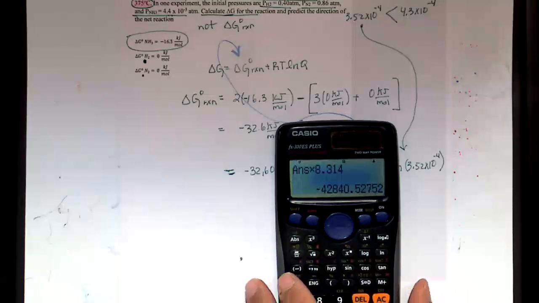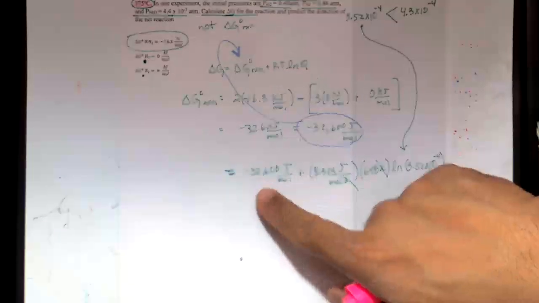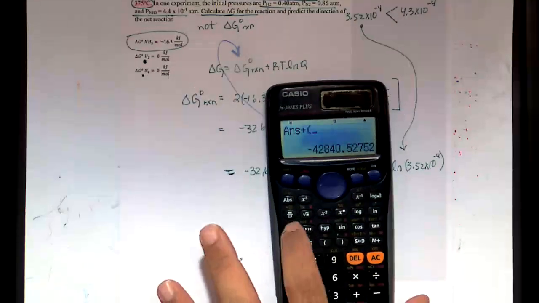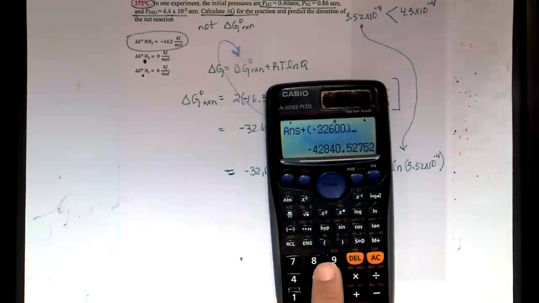That's minus 42,840 plus a minus 32,600.